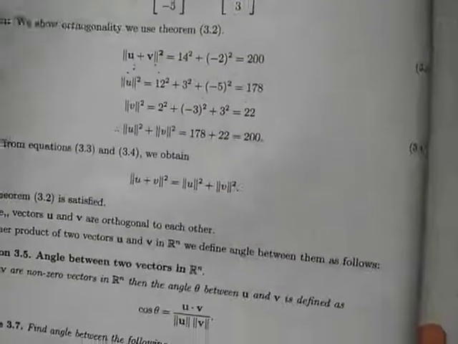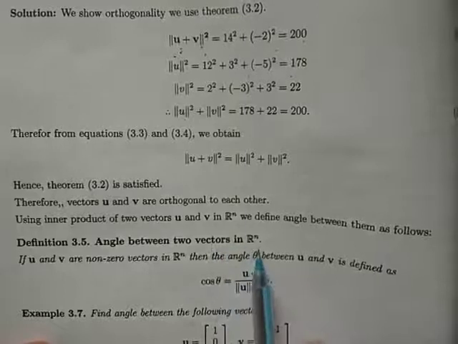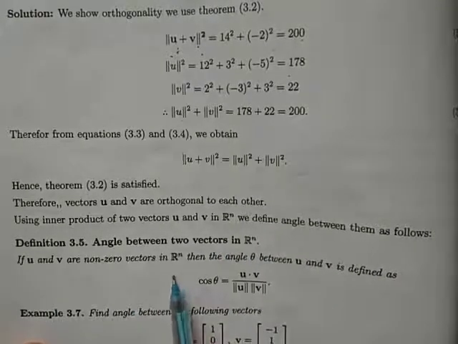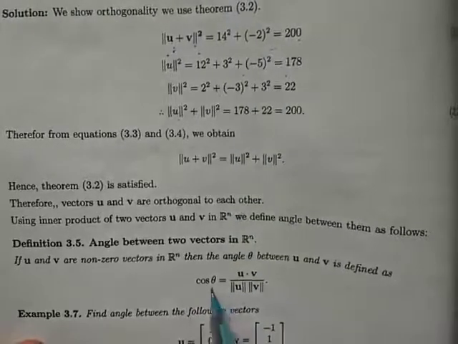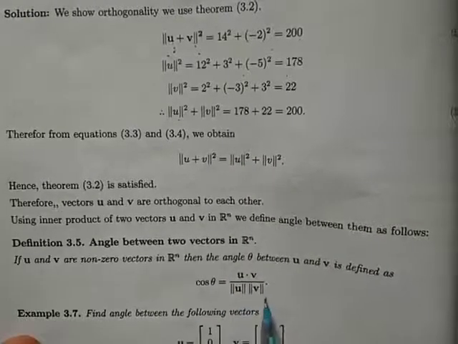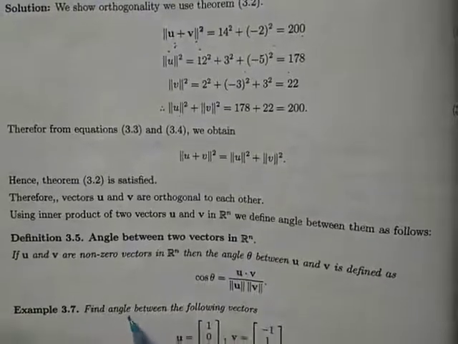Okay. Next is angle between two vectors in Rn. If u and v are non-zero vectors in Rn, then the angle theta between u and v is defined as cos theta is equal to u dot v upon norm u into norm v. See this example.